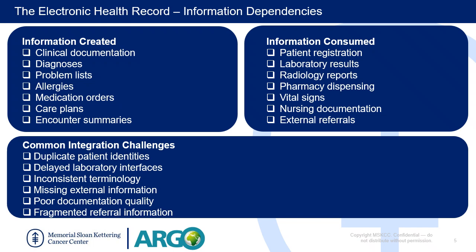That's a duplication that creates unnecessary redundancies. You may also have a delayed lab interface. You may have inconsistent terminology. We looked at this during our second course when we studied standards.